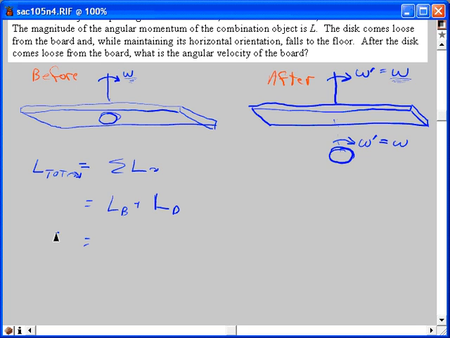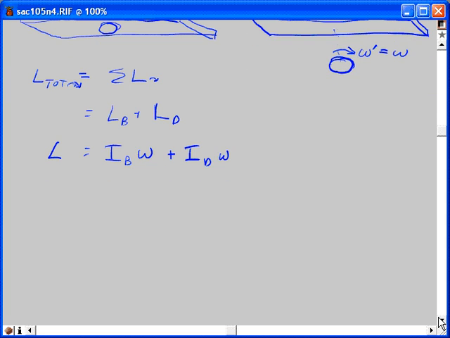We're calling the total angular momentum of the combo object L, so that the total angular momentum is just L, and that's given as IB times omega plus ID times omega. So moment of inertia of the board times how fast it's spinning plus the moment of inertia of the disk times how fast it's spinning. And it doesn't matter whether we're looking at the before or after picture.